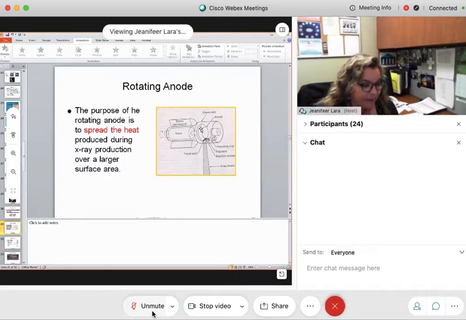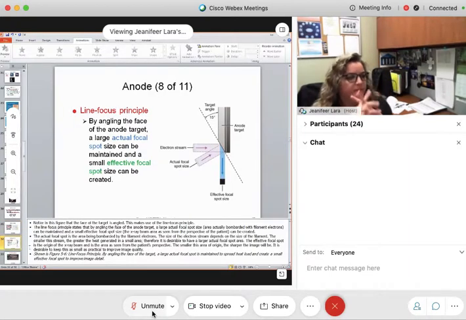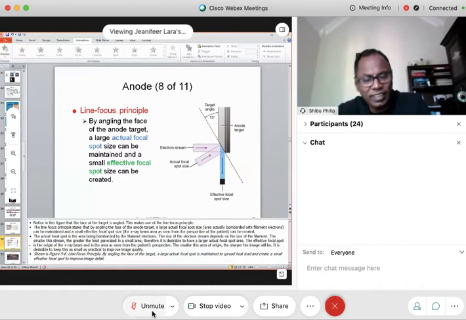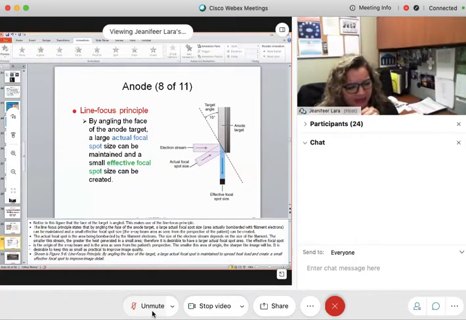What is so great about molybdenum, Shivu? It doesn't get hot, right? It absorbs that heat. It just doesn't get hot at all.